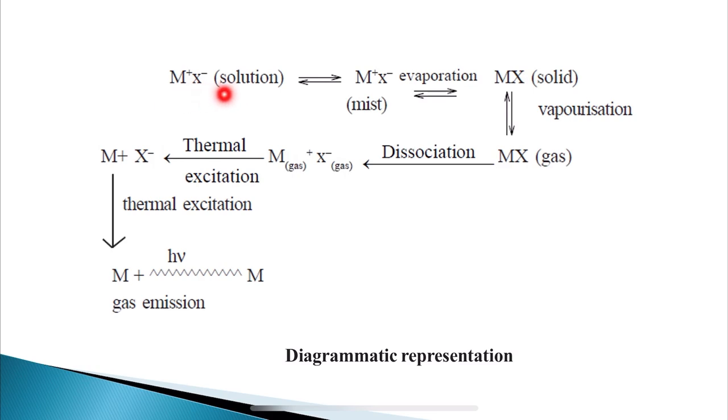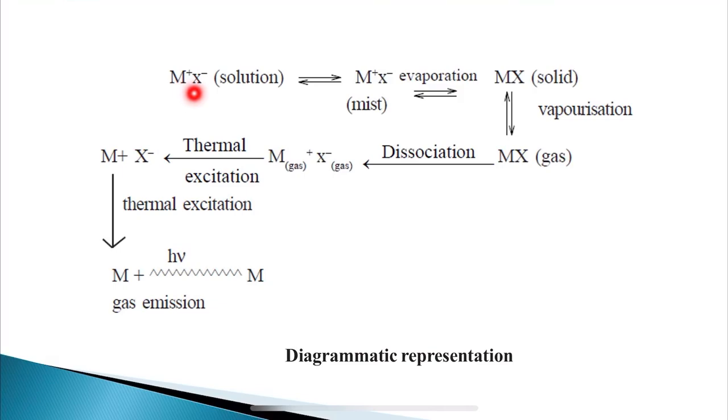Okay. So, as I said, let me say this is a solution where I have a metal along with its anion. Okay. Say, for example, if I am performing the experiment with potassium hydroxide, then X minus will be OH minus, that is hydroxide, and M plus means sodium, Na plus.